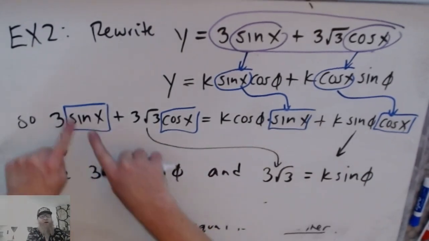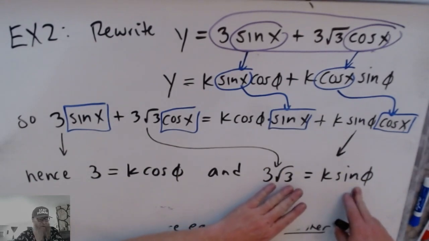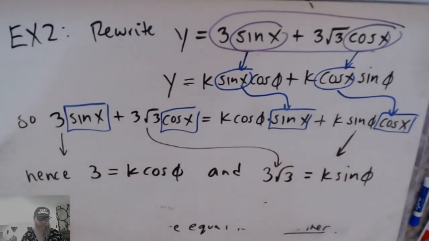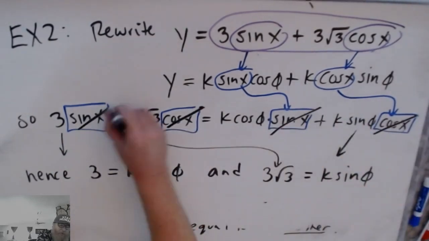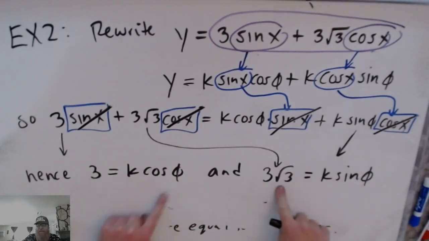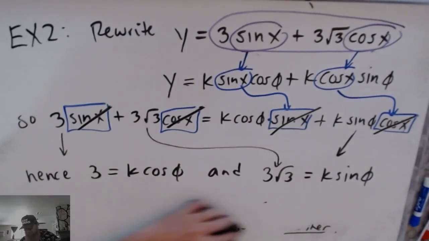This equation involves the cosine, and this one involves the sine. I don't care about what x is. I only care about solving for phi and for k. We're not solving for x.